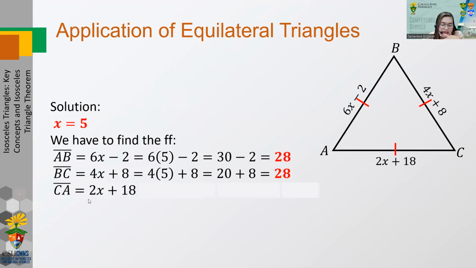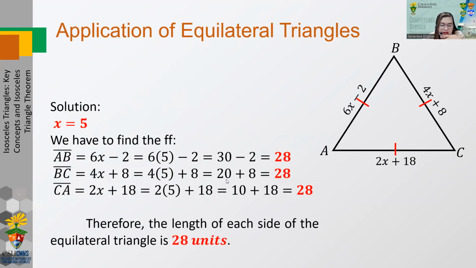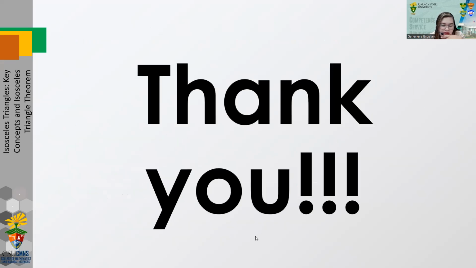And si CA is equal to 2x plus 18. So you have 2 times 5, that's 10 plus 18. So that is also equal to 28. Okay, therefore, the length of each side of the equilateral triangle is 28 units.